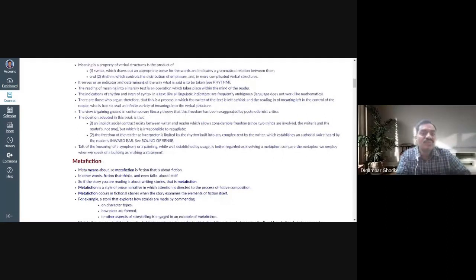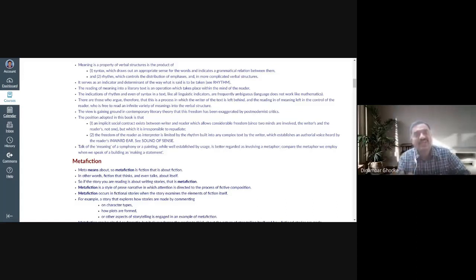So when we talk of the meaning of a symphony or painting, for example, a music or painting, it is better regarded as involving a metaphor. Now try to compare the metaphor we employ when we speak of a building as making a statement. When we build something, that is a kind of making a statement, or making a statement is a kind of building.